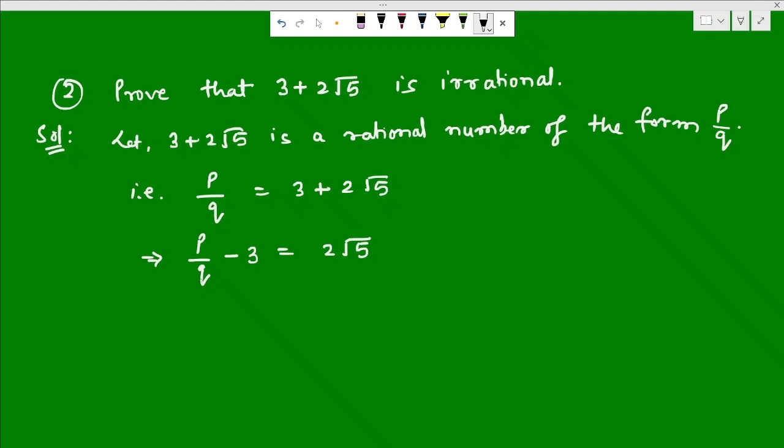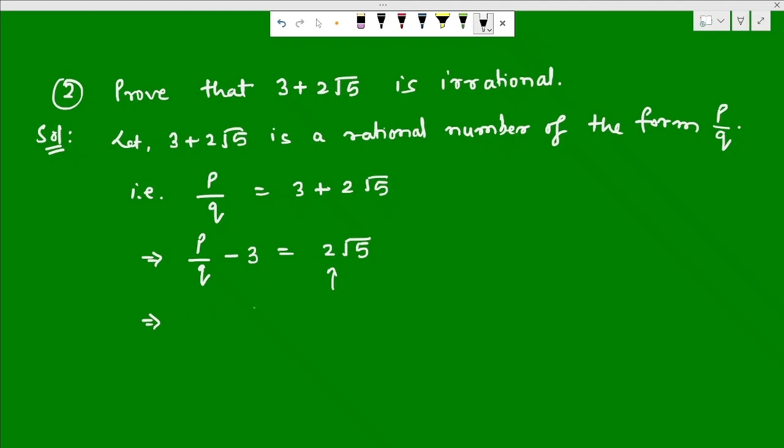Now see, p upon q is rational, and this 3 is also rational, and this negative is simply finding the difference of these two rational numbers. So in LHS, this as a whole, we have a rational number. Now transpose the remaining, that means this 2 in RHS, also to LHS.